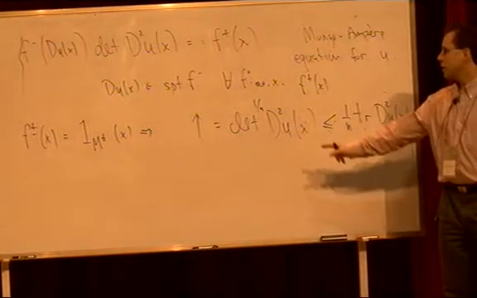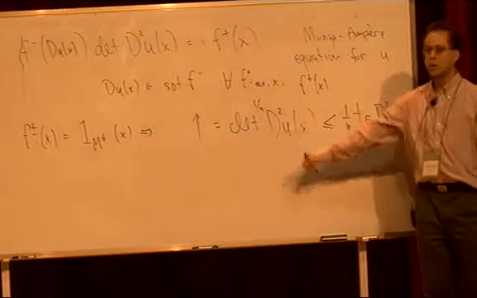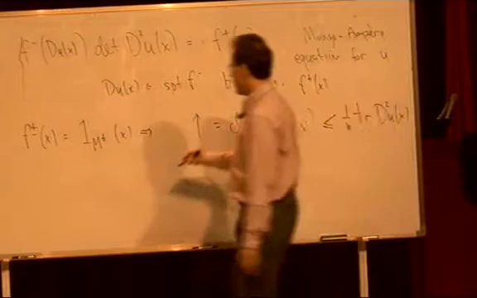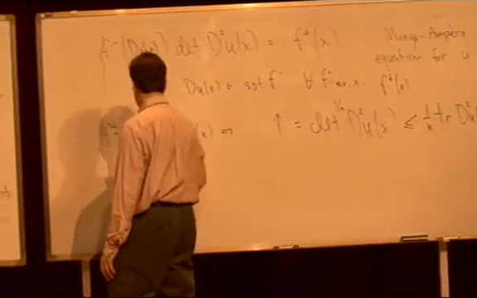And basically, what I'm going to do is integrate this inequality over the domain M plus. So when I integrate 1 over the domain M plus, I get the volume of M plus.